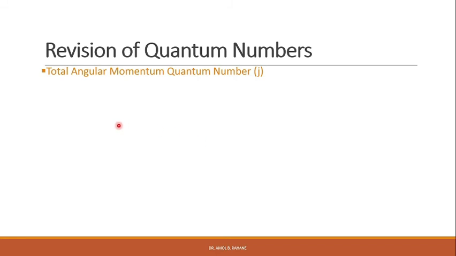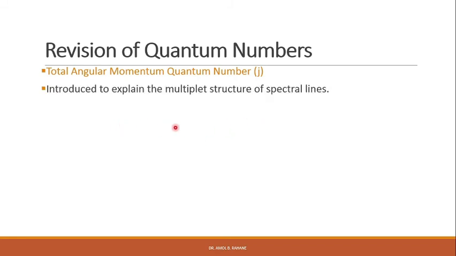Next quantum number is the total angular momentum quantum number. It was introduced in order to explain the multiplet structure of spectral lines. Why do certain spectral lines show multiplet structure? Multiplet in the sense that more than 2 spectral lines are present.